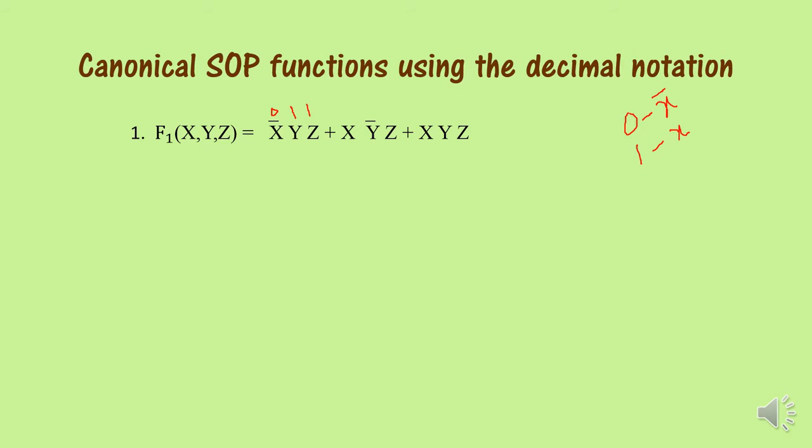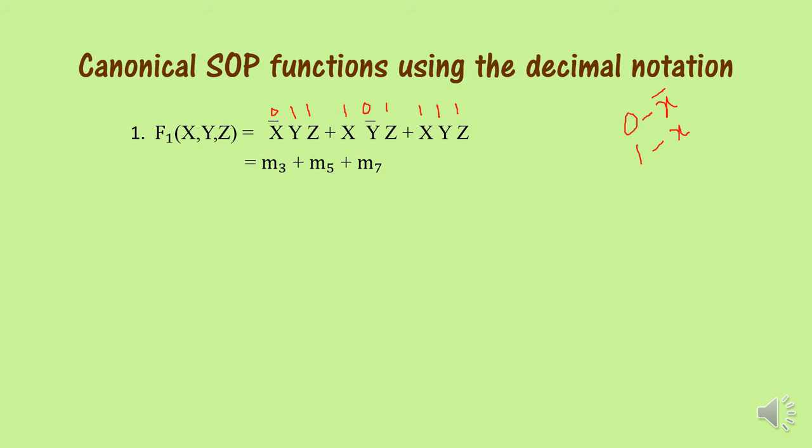Next expression is x dot y bar dot z. How is it represented? That is 101. Next expression, how is it represented? That is 111. So, 011 means 3, 101 means 5 and 111 means 7. So, what is the function? That is M3 plus M5 plus M7.